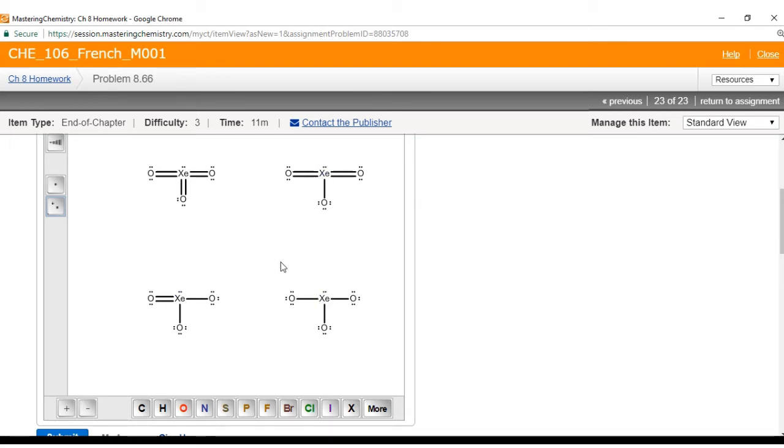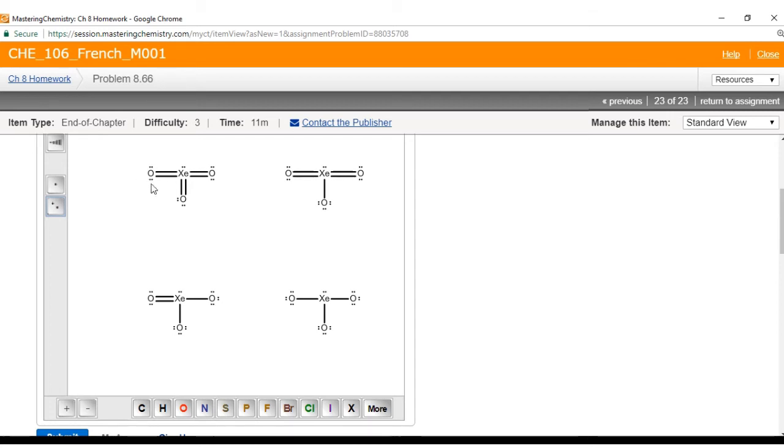And then finally, the last thing we need to account for are formal charges. Our formal charge is our group number minus the number of assigned electrons. Assigned electrons is 1/2 the bonding electrons plus all of the non-bonding electrons. So if we look at this oxygen here, we've got 4 non-bonding electrons plus half of these electrons here, so plus 2 more.